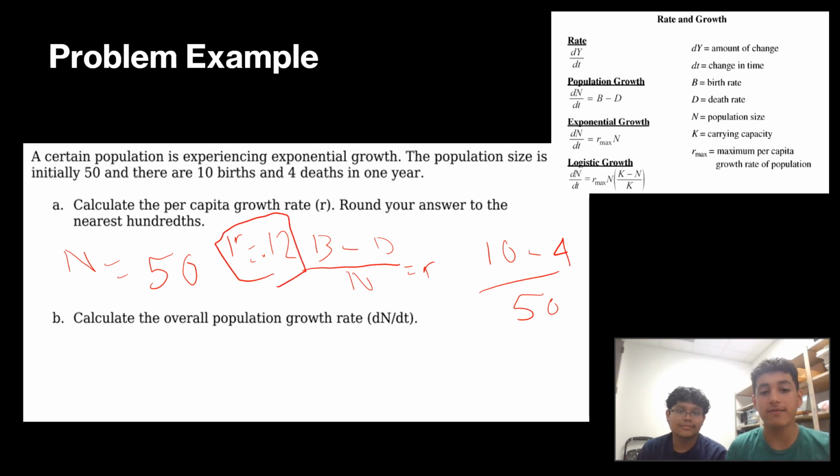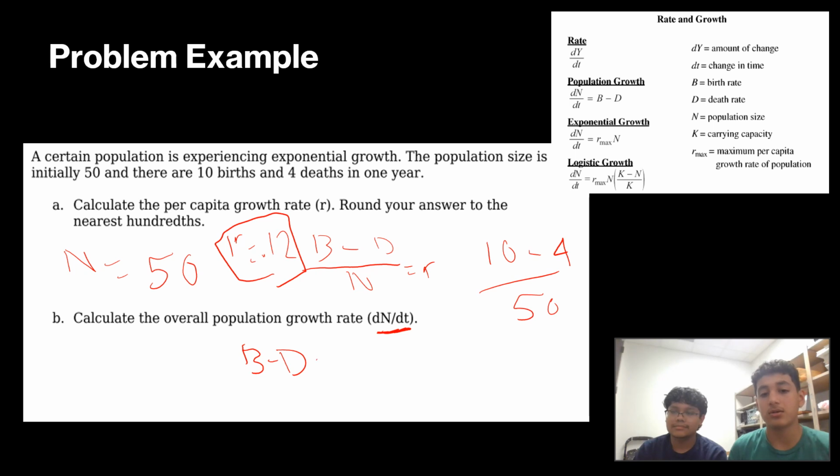Next, part B says to calculate the overall population growth rate, which is dN divided by dt. That isn't the only way we can calculate the population growth rate. Another way is just B minus D, which we had done in the last problem, but we didn't show the step.